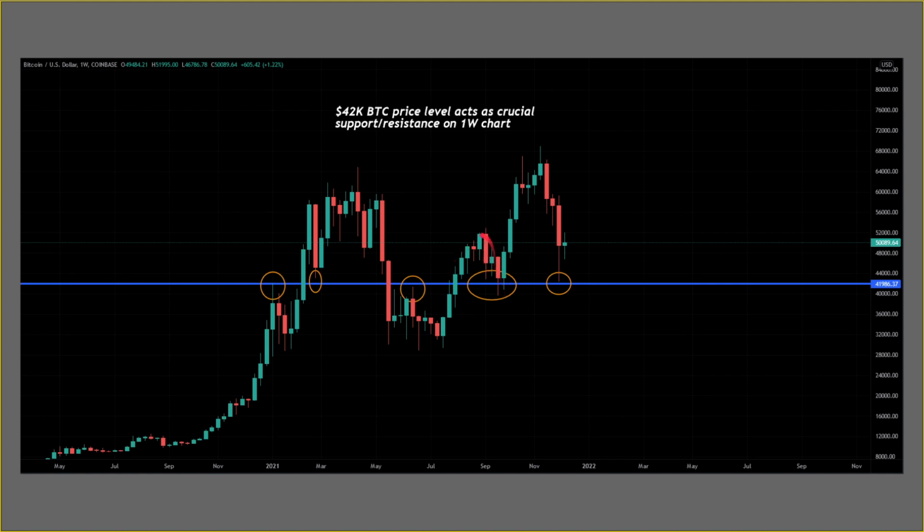So it could have been inferred that this could have been a sign of deterioration, that this market structure shift was short-lived and that this bear trend would continue on, that maybe this was some sort of extended relief rally up into September, but ultimately the candles failed to close significantly below this 42K level, and it held through notably in this situation.